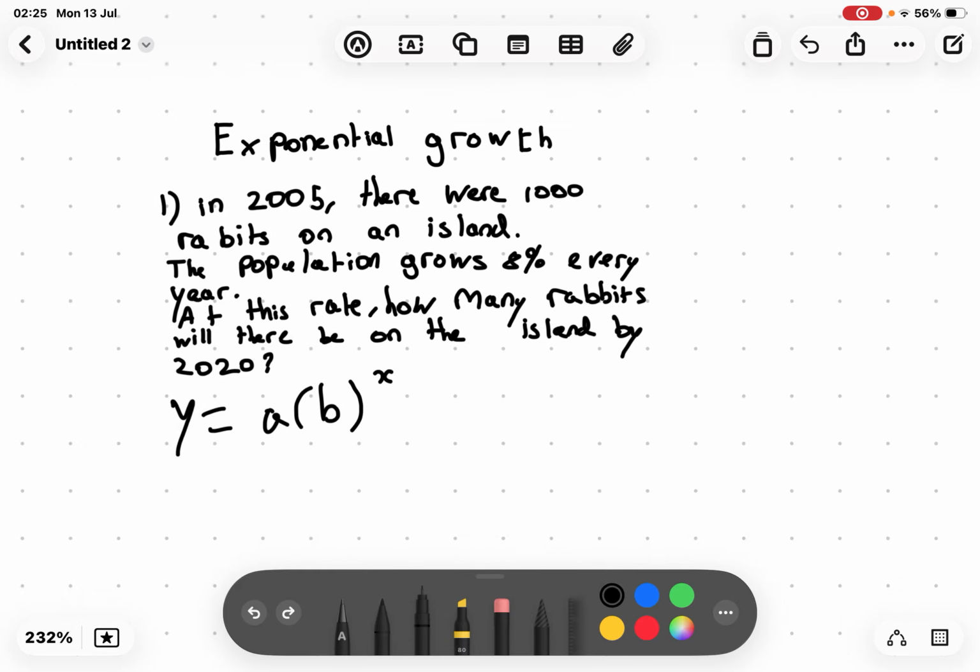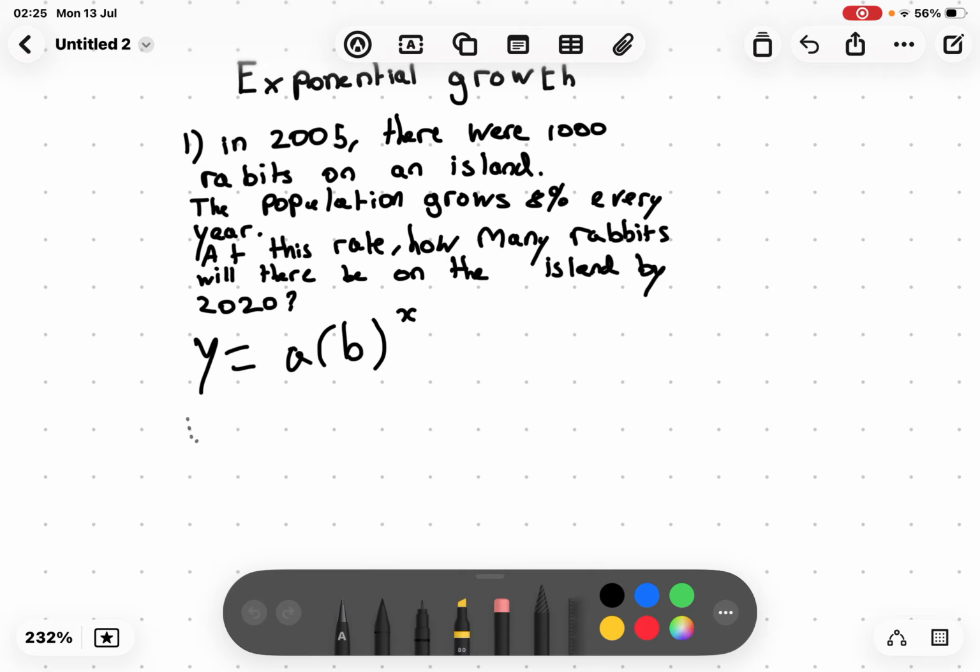However, we kind of change it into a(1 + r)^t, because of each year. But if it says every 2 years, that's when you do something different.